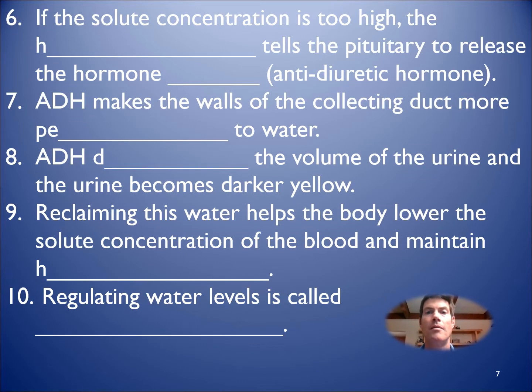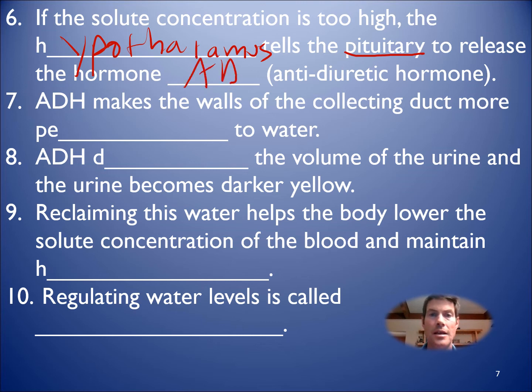However, if it's too high, this part of your brain, a gland, the hypothalamus, tells the pituitary, which is also in the brain right below, to release ADH. Okay, antidiuretic hormone.